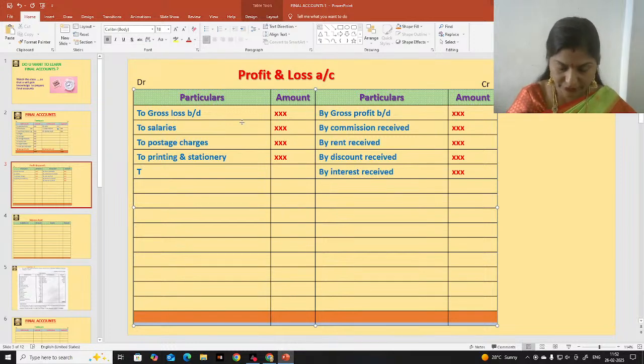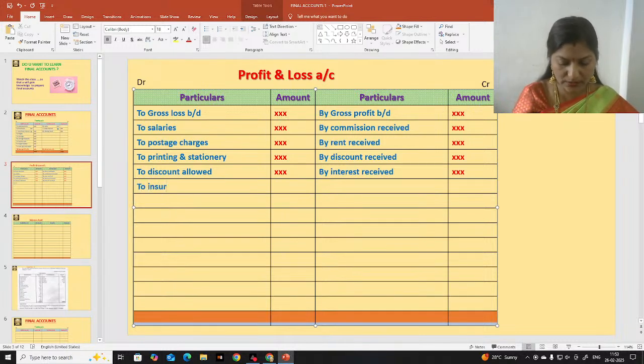So next, after printing and stationery, next item is to discount allowed. Next, to insurance.